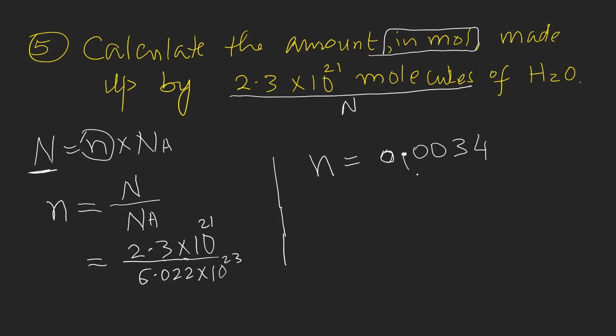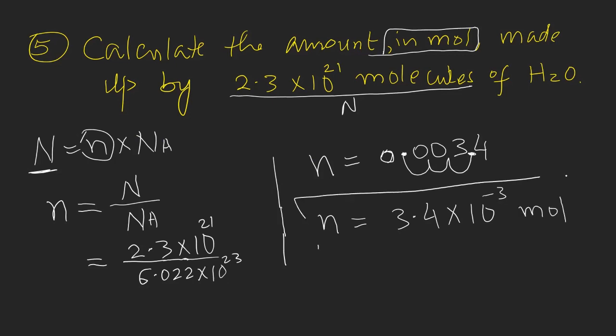So we take it step 1, step 2, and step 3. So n becomes 3.4 times 10 to the power minus 3, because we moved 3 steps. And after the number you write mol. So this is how you find the number of moles of H2O when the number of particles is given to you.